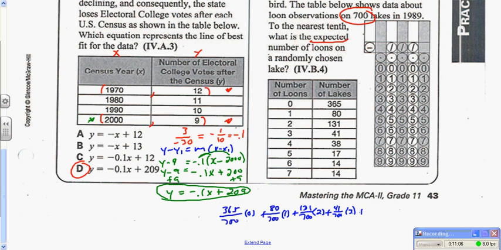See how long this is? But it's the probability of each one. 38 over 700 times 4.